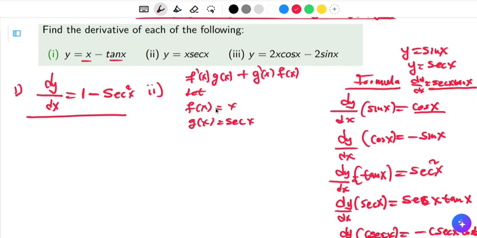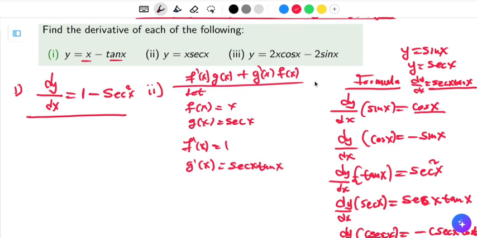The f prime of that is going to be 1. What about the g prime? The g prime of secant is secant x tangent x. So this is what we have.